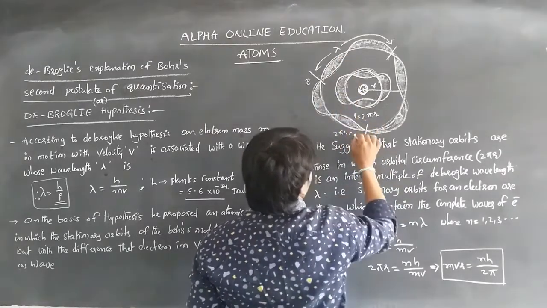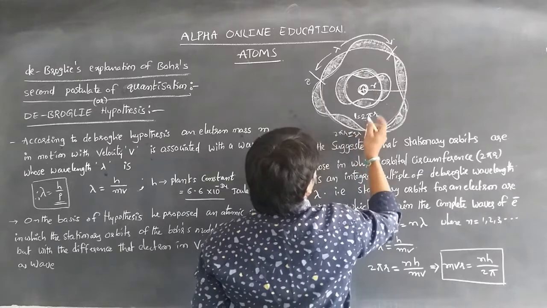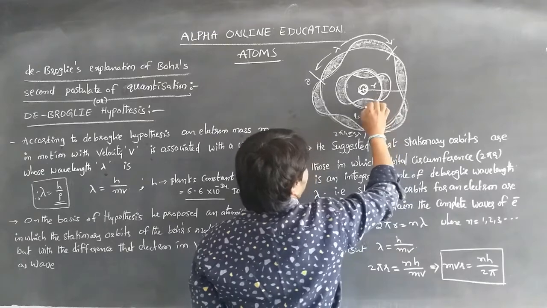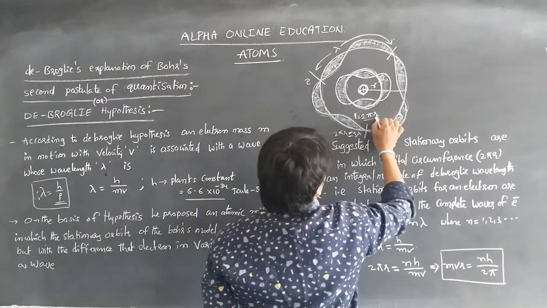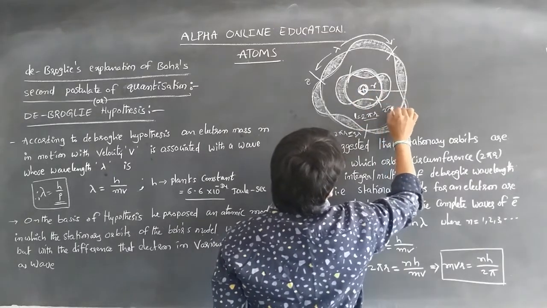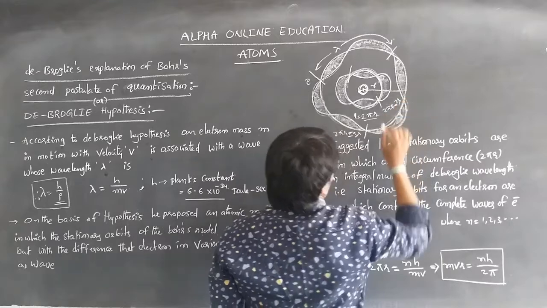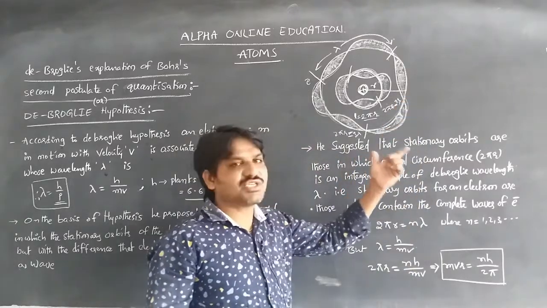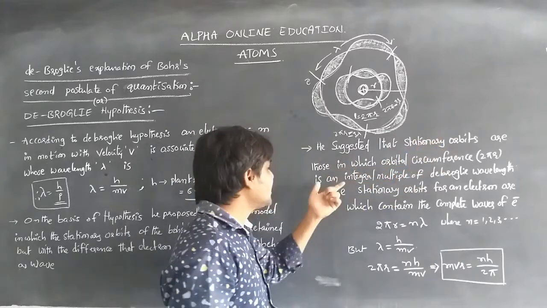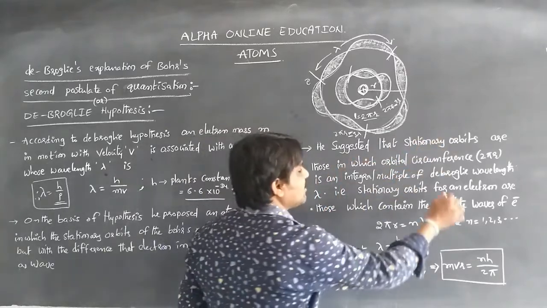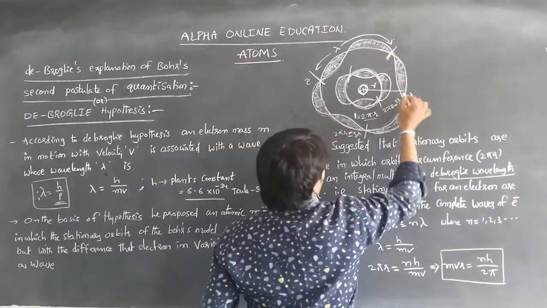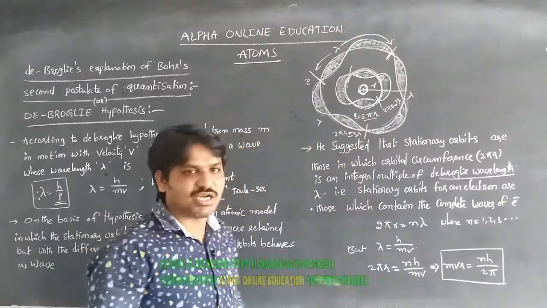If we take three wavelengths, it is 3 lambda; if there are two wavelengths, then 2 pi r is equal to 2 lambda. Like that, he suggested the stationary orbits are those in which the orbital circumference is an integral multiple of the de Broglie wavelength, that is 1 lambda, 2 lambda, 3 lambda.